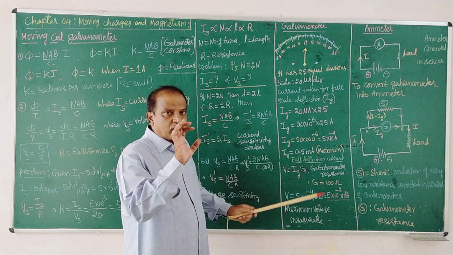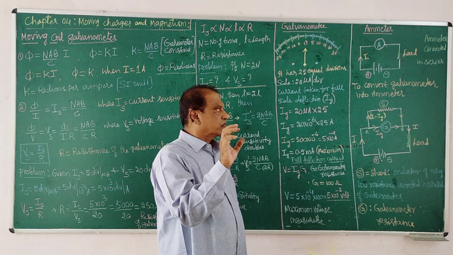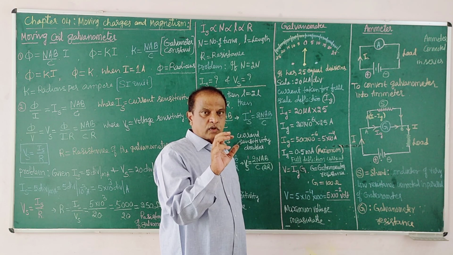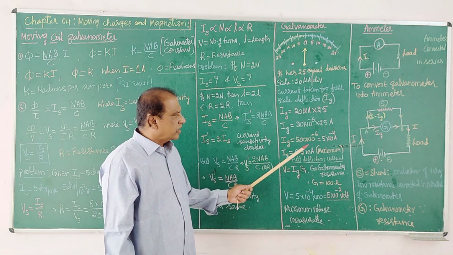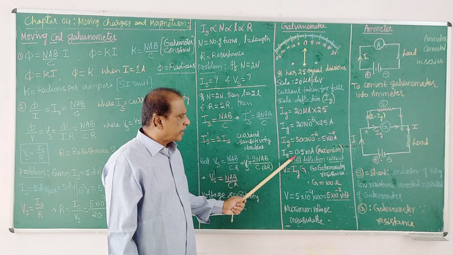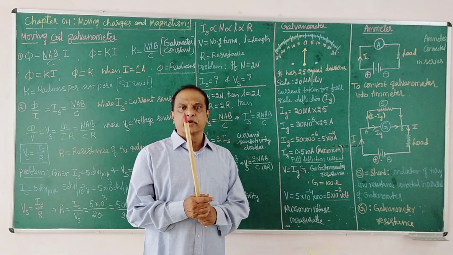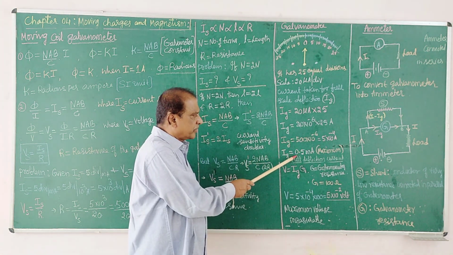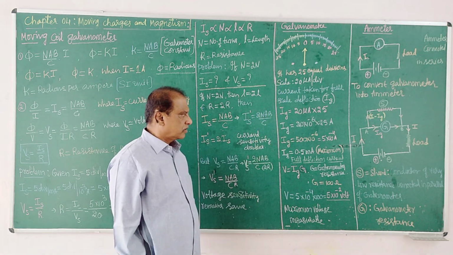I will tell you the technique later. The design will allow only a current flowing through the galvanometer within this limit, not beyond it. That is 0.5 milliamp for this galvanometer.